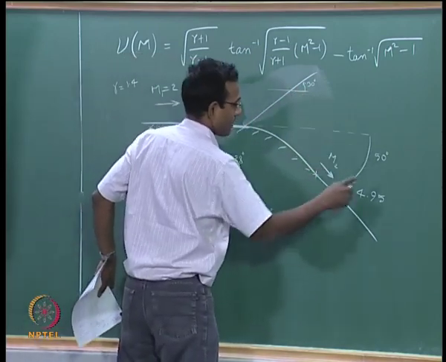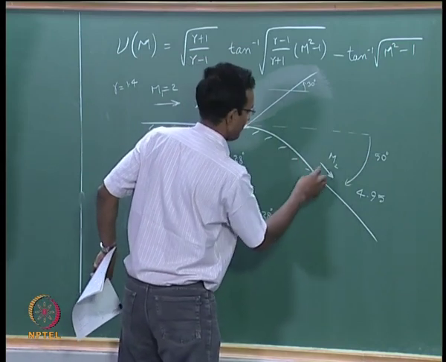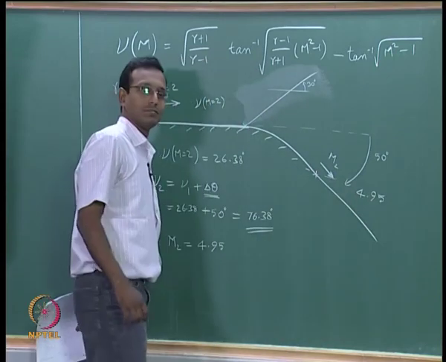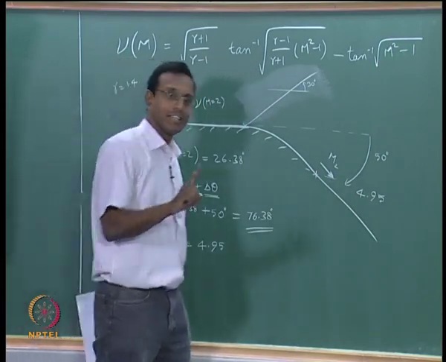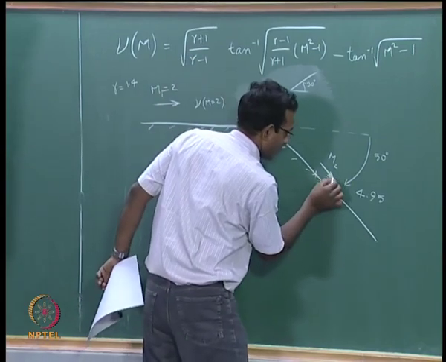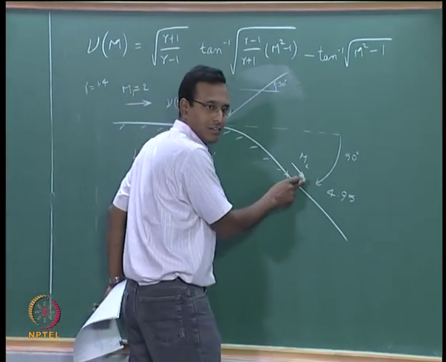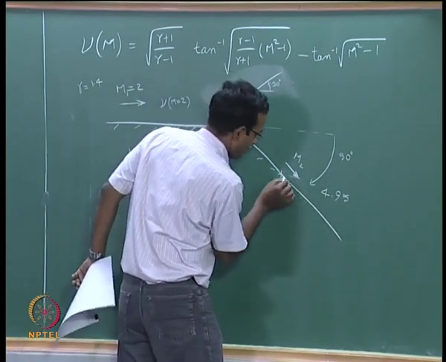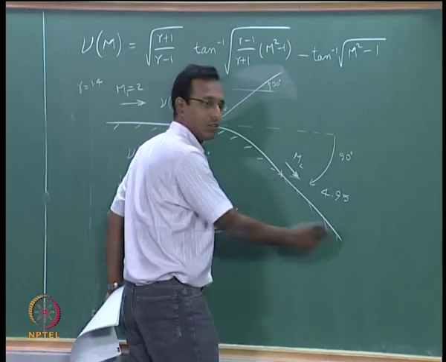What should be the final angle of my expansion wave? If I look at it, every expansion wave is like a sound wave. So for that local Mach number, which happens to be 4.95, I have to find the mu for that particular Mach number and find the local velocity direction, which will be parallel to the wall here.